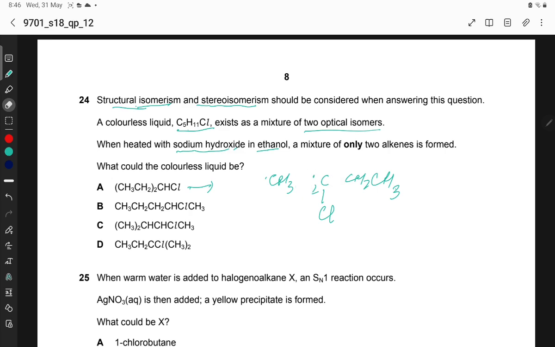If we write it down like this, HCl is formed.